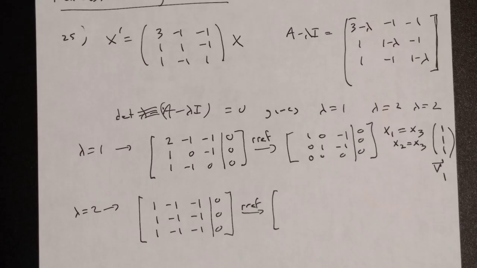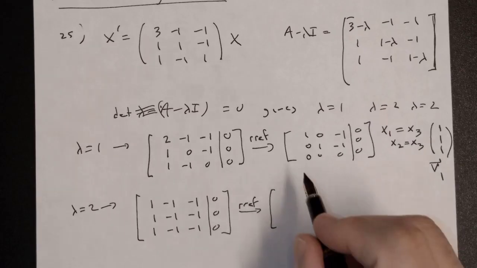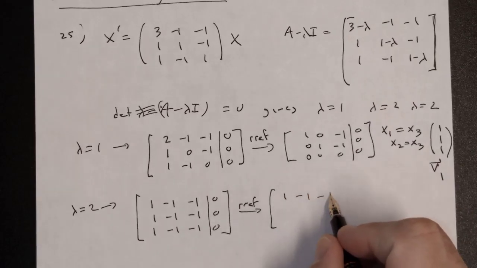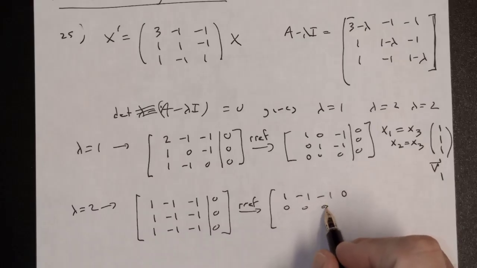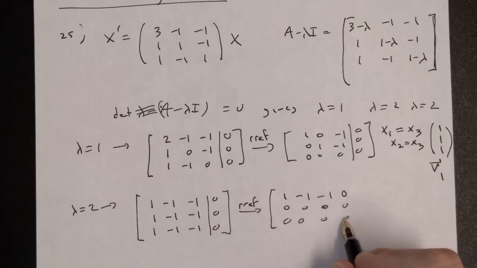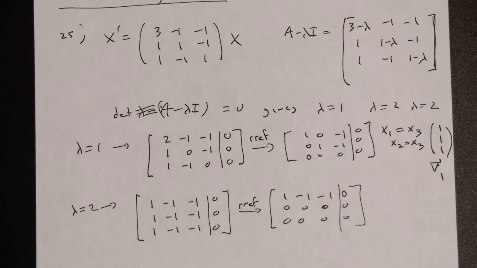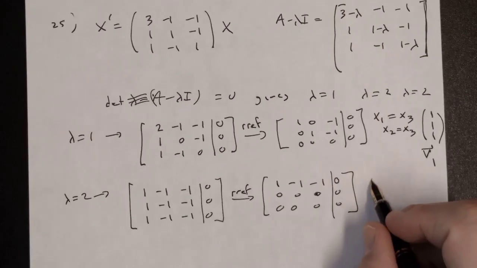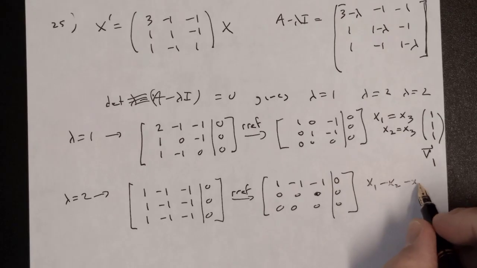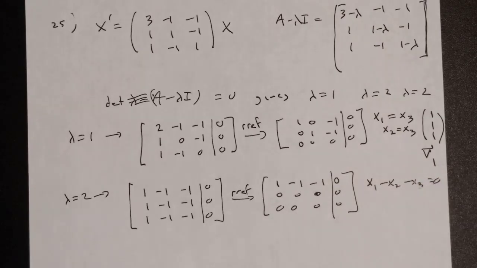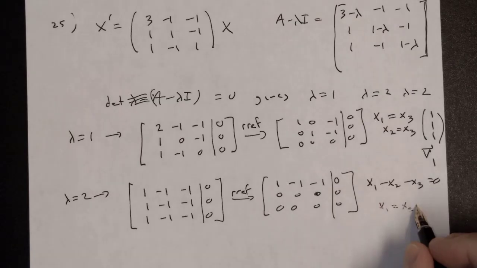So that's really just one equation. And if I do the reduced row echelon form, I'm not just going to get 1 row of zeros, I'm going to get 2 rows of zeros. But that means there's only one equation. And that equation is x1 minus x2 minus x3 equals 0. Or if I rearrange it as you did, Hayden, in the first one, I get x1 equals x2 plus x3.